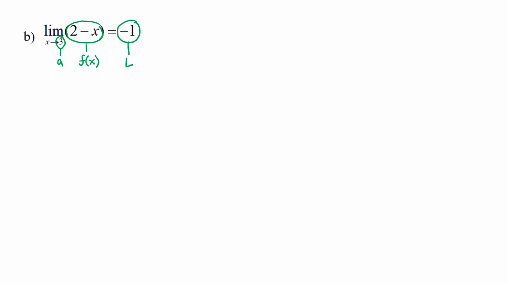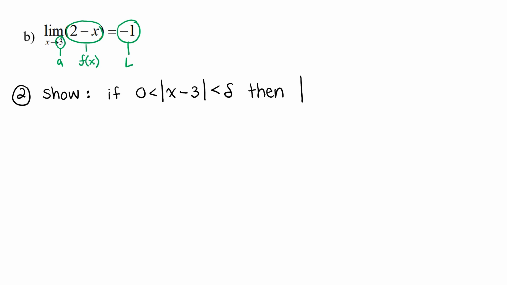In order to prove this is true, we need to show that if 0 is less than the absolute value of x minus a, so in this case, the absolute value of x minus 3 is less than some delta, then the absolute value of f of x, which is 2 minus x, minus L, which is negative 1, is less than epsilon.